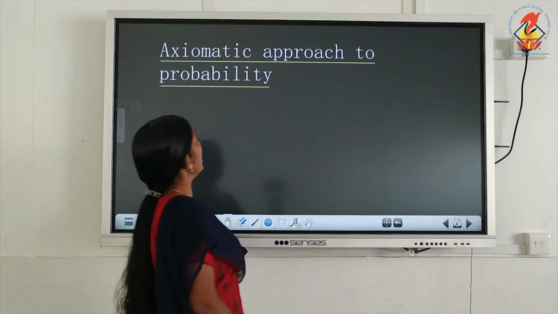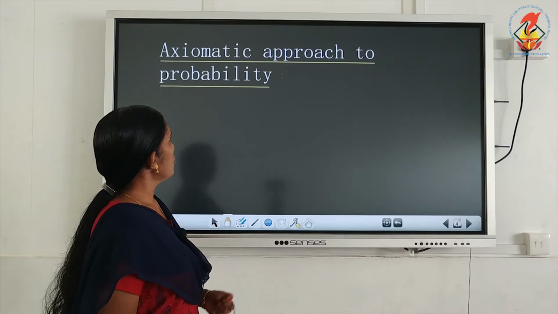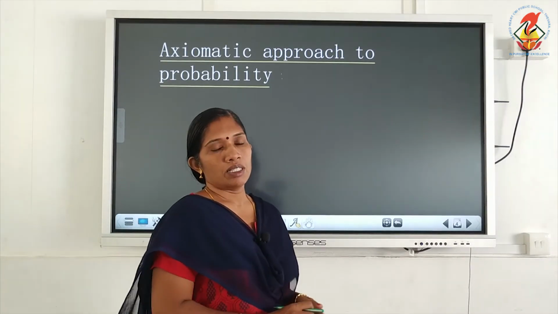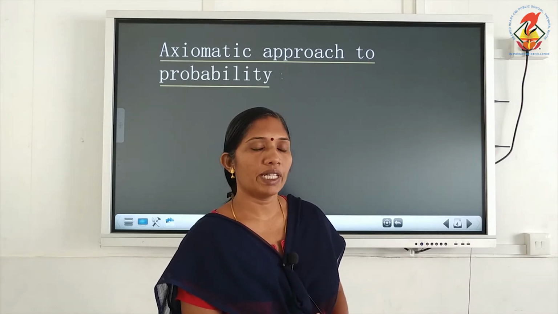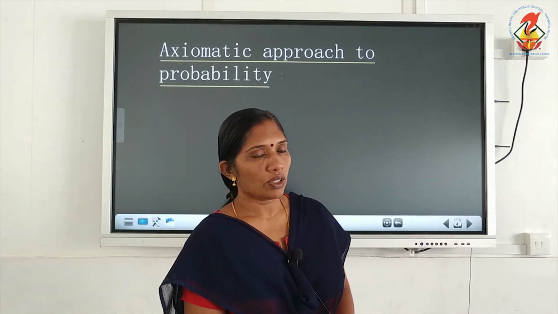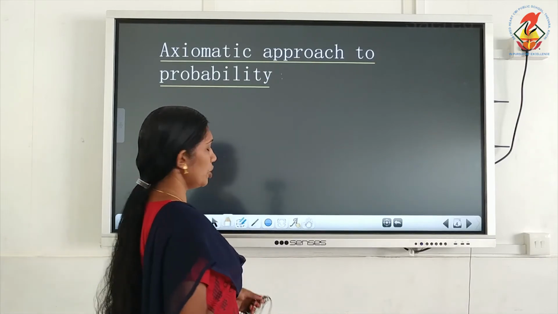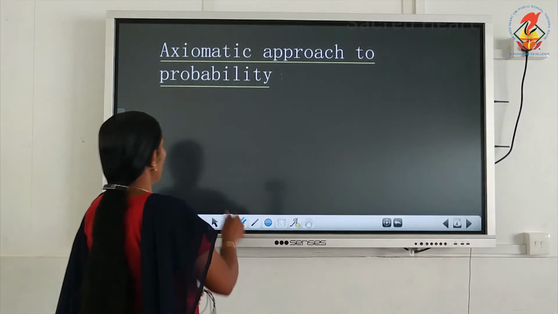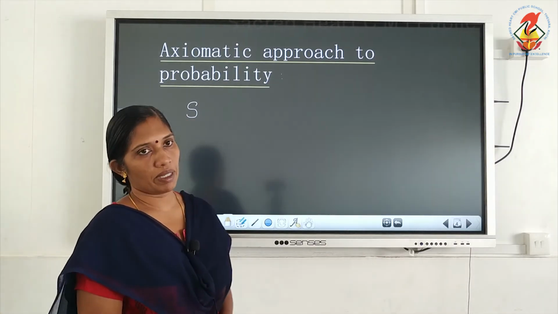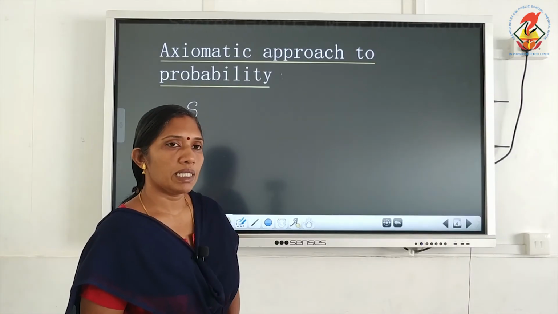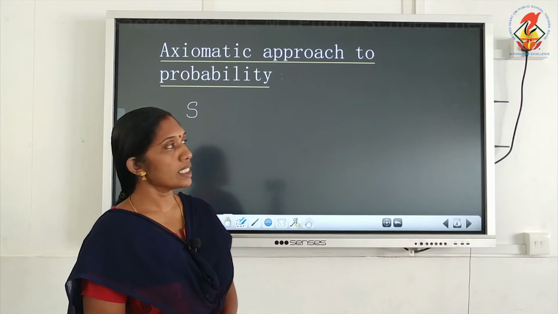The next topic, axiomatic approach to probability. So this is another way to describe the probability of an event. So according to this approach, how to define the probability? So this S, capital S indicates sample space. So let S be the sample space of a random experiment.